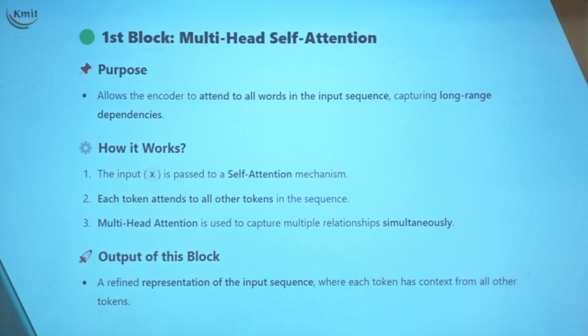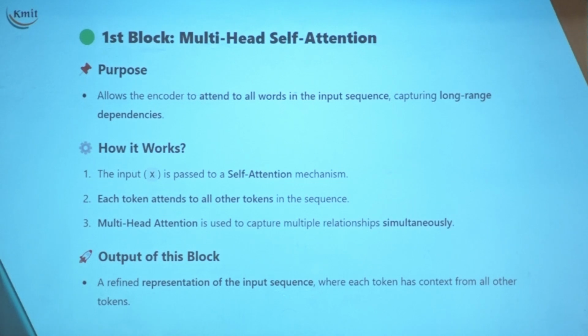So basic raw input is taken, that is processed in MHA, and now MHA is capable of understanding every word. So we call it what? The output of MHA is the refined representation of the input sequence, where each token has context from all other tokens.